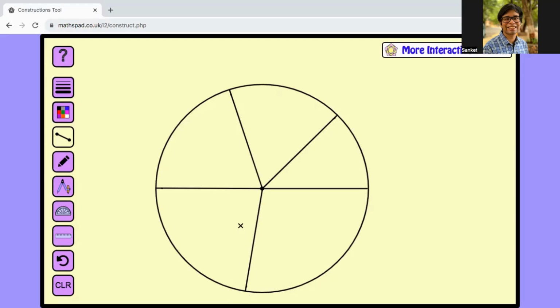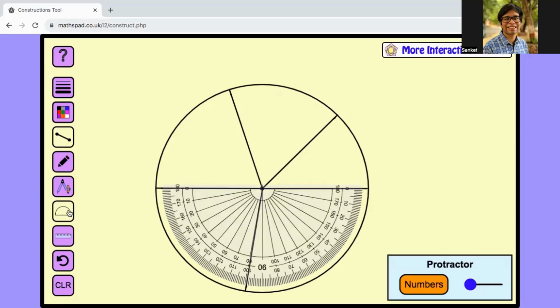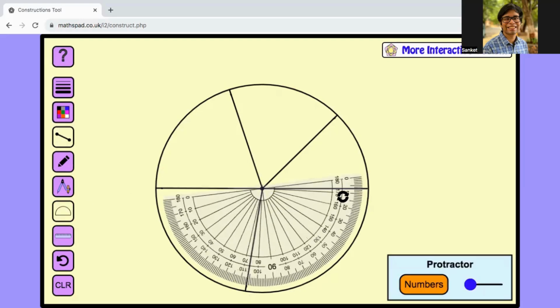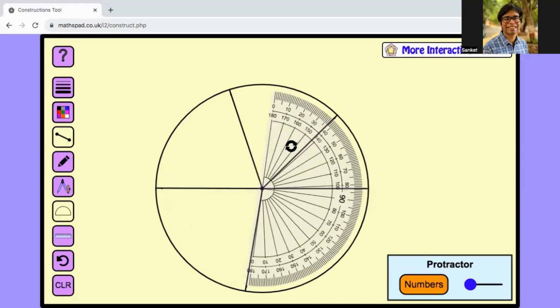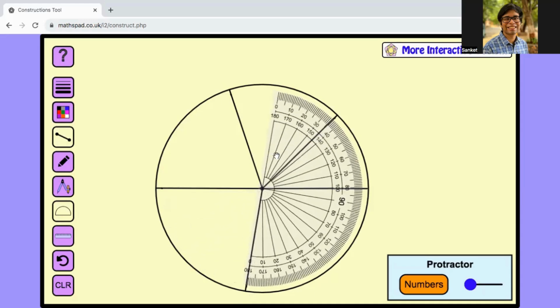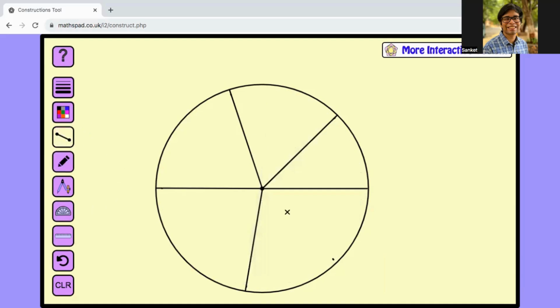Next one is 54 degrees for social science. Going to take my protractor again, align it with my new radius here. So I'm going to count from 0, 10, 20, 30, 40, 50, and 54, which is exactly here. So I'm going to keep my protractor away.